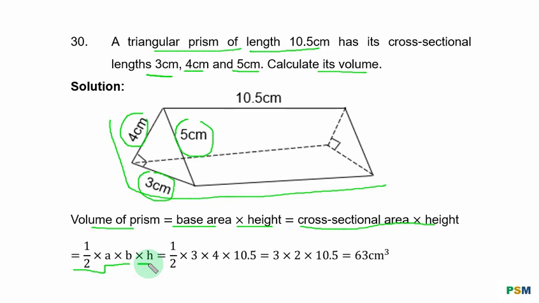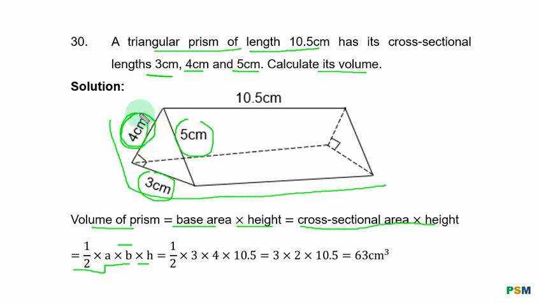The height of the cross section is 4 cm.